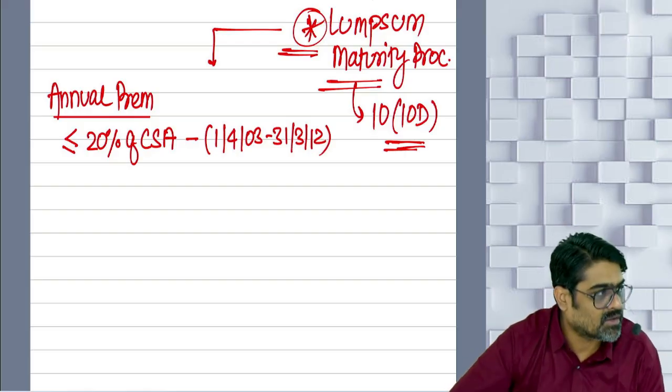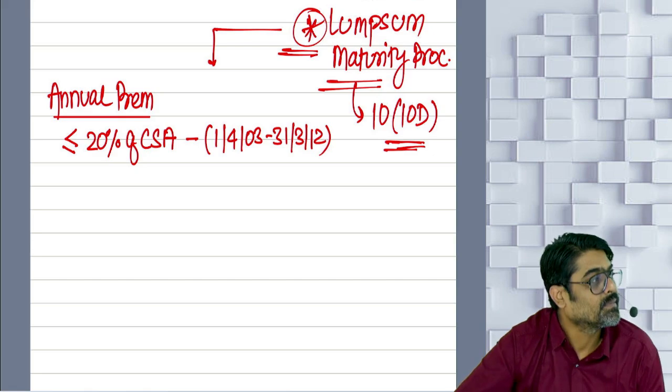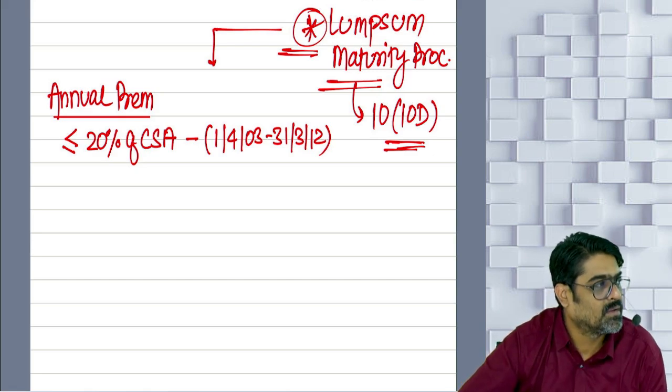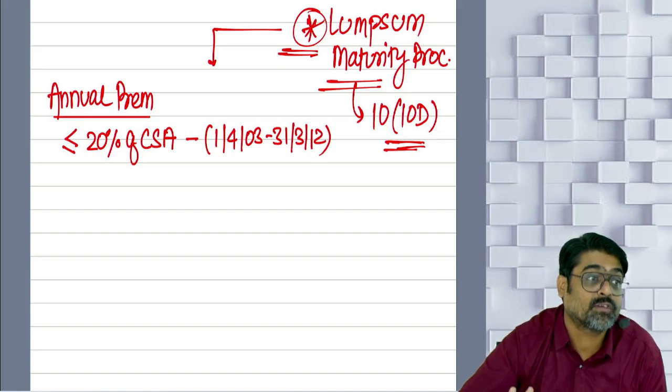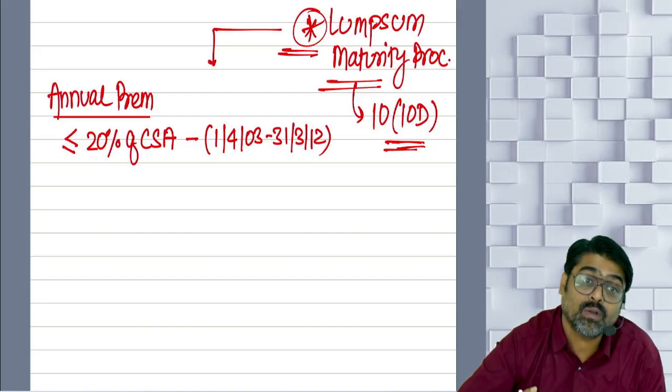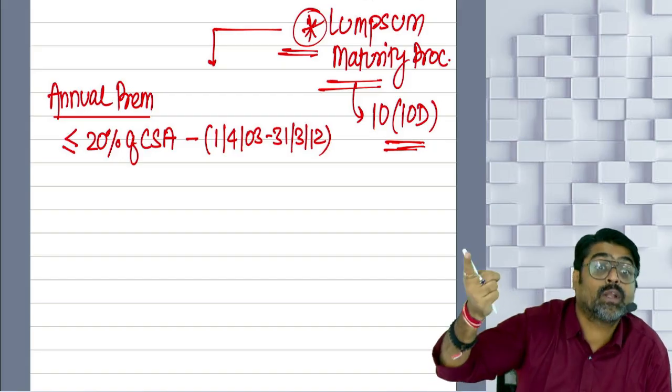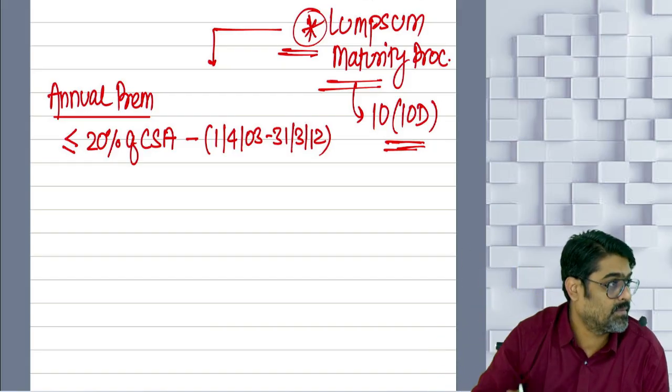So what is the capital sum assured? 10 lakhs, no? So 20% of that. Every year the annual premium on that policy should be 2 lakh or less. Then only on this policy will your maturity proceeds be exempted.